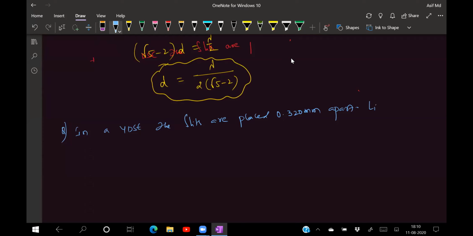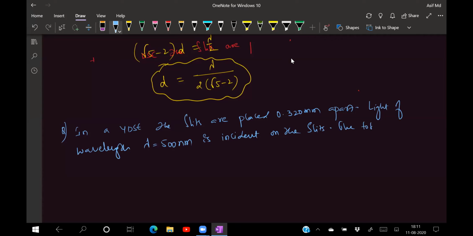Light of wavelength λ equal to 500 nanometer is incident on the slits.